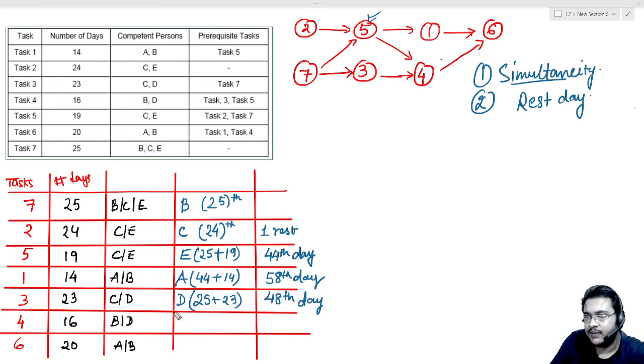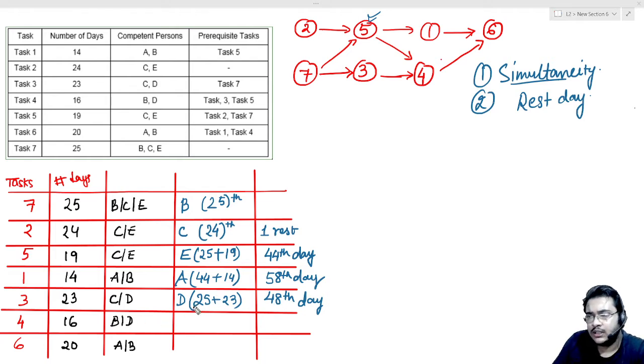Now let's see between B and D who can do 4. I have to constantly look at this diagram, because I have to see whether I can go simultaneously or not. For 4 there is no scope for simultaneity. 3 has to be done and 5 has to be done. 5 will take 44 and this one would have taken 48. But between B and D, which one will I pick?